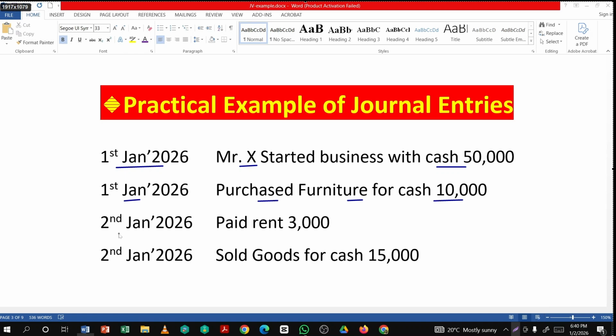Third entry, 2nd January 2026, paid rent 3,000. And the last entry is 2nd January 2026, sold goods for cash 15,000. I will explain these four entries in detail.